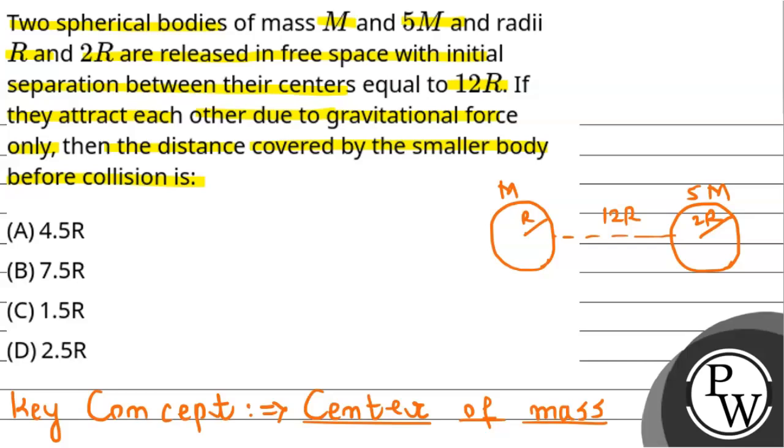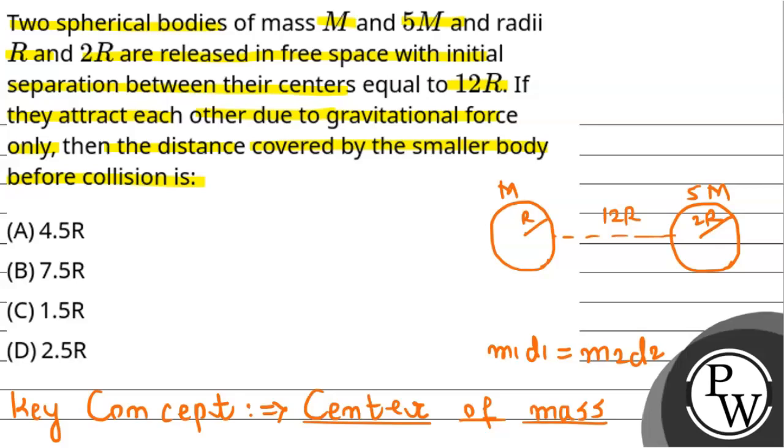For the given situation, there is no external force exerting on the system, and because of this the center of mass of the body will remain constant, and that is why we will use the formula m1 d1 equals m2 d2, where m1 and m2 are masses of the two bodies and d1 and d2 are their respective distances from the origin.